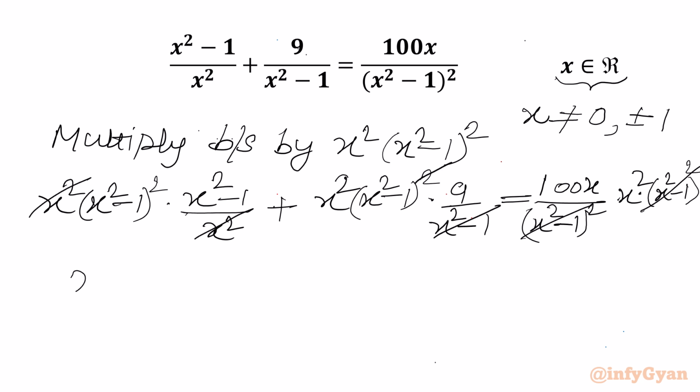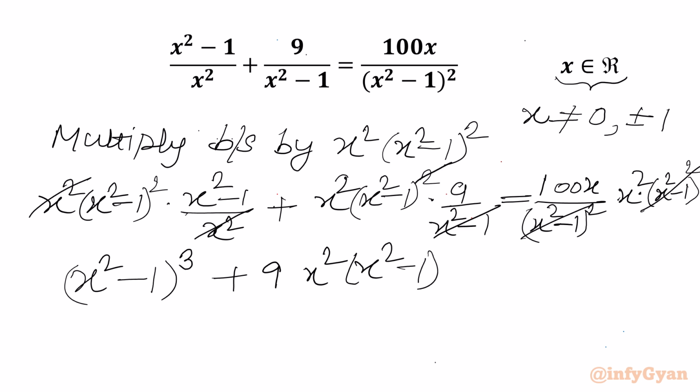So we will get the equation (x² − 1)³ + 9x²(x² − 1) = 100x³.